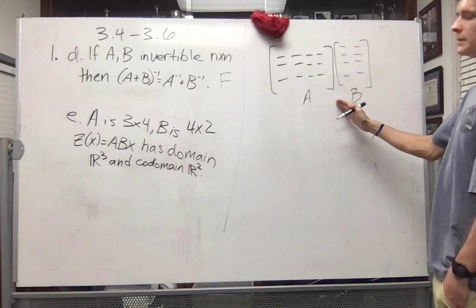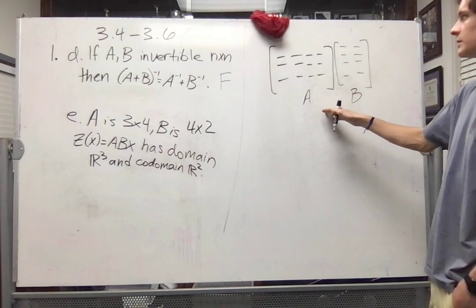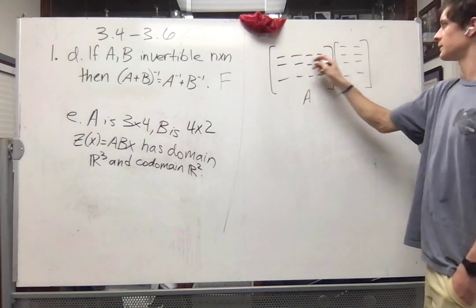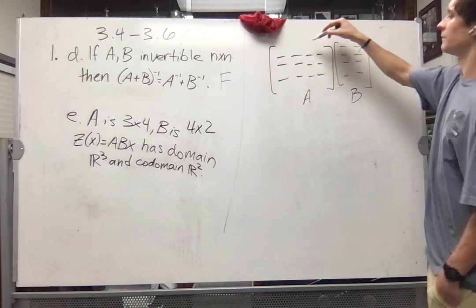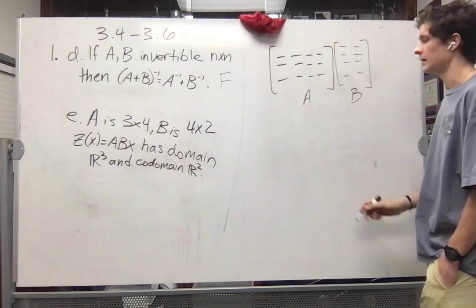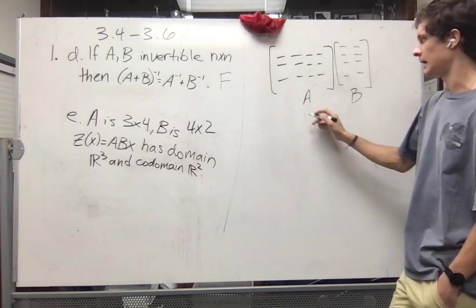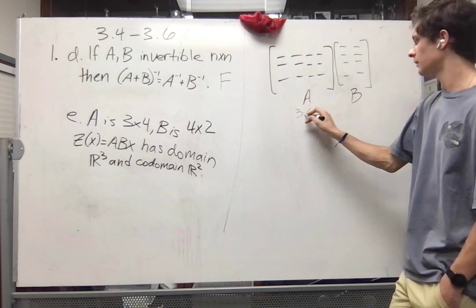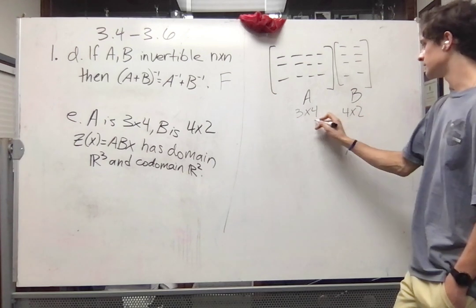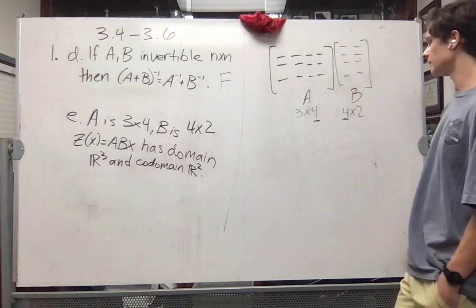This is good because we should have learned that for matrix multiplication to be defined, we need the number of columns in the first matrix to equal the number of rows in the second matrix. Another good way to see it is that A is 3 by 4, B is 4 by 2. So these numbers have to match in the middle.